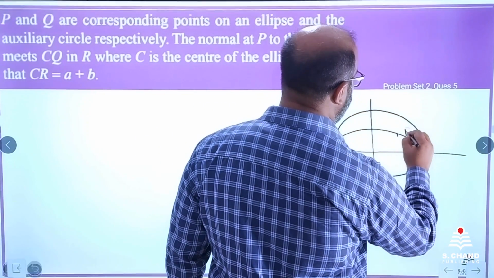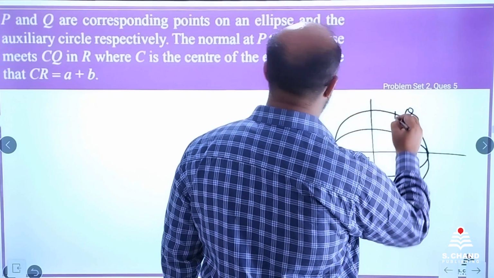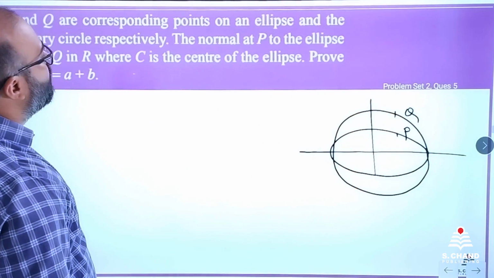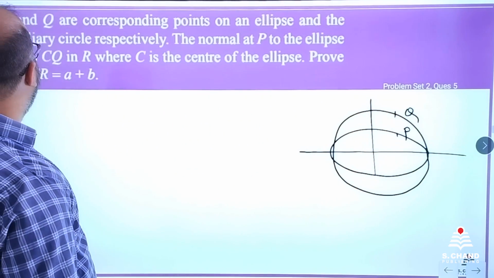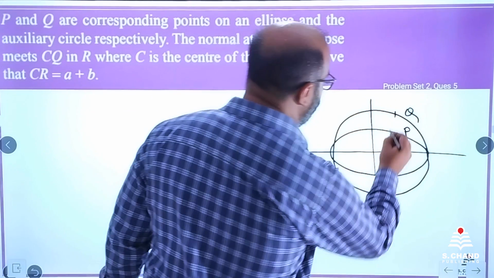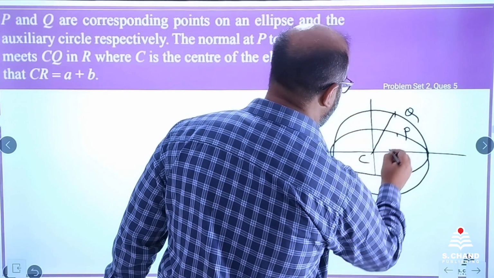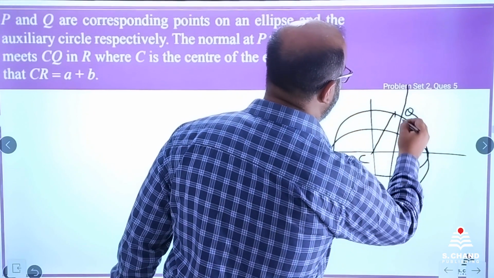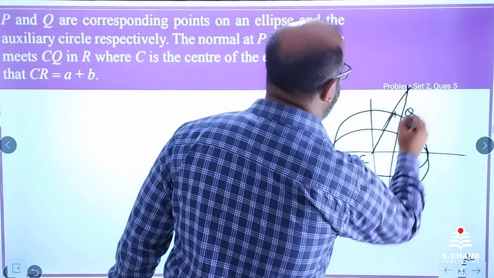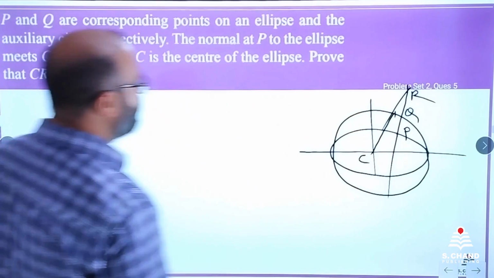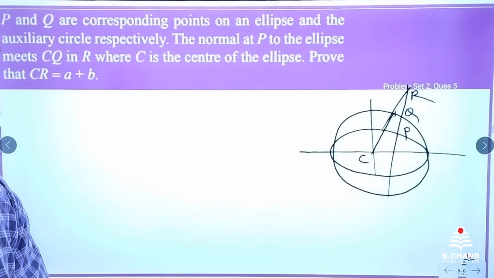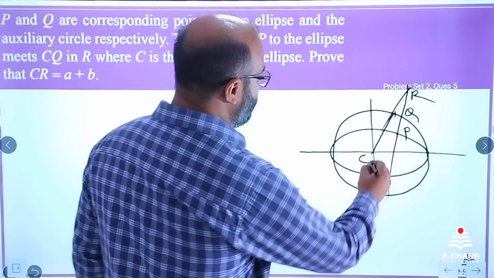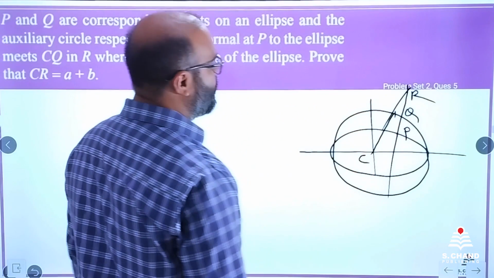So P is here, Q is here, and then we are saying the normal at P to the ellipse meets CQ in R. So this is CQ and this is the normal at P, and this is meeting CQ at R like this. Prove that CR is equal to A plus B. So this total length CR is equal to A plus B.